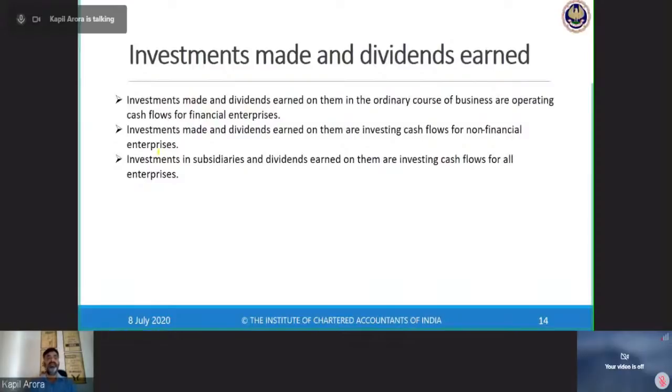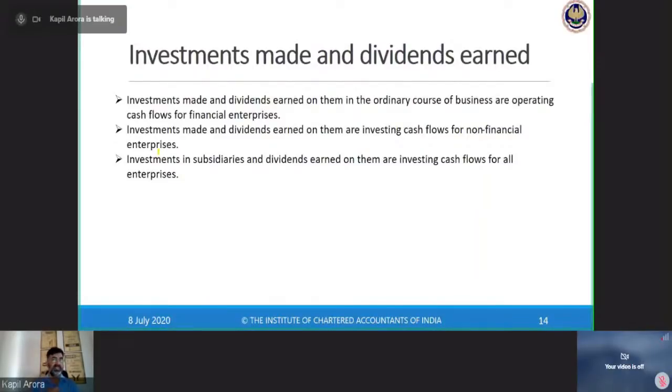Now, if we talk about companies where you wanted to understand investment made and dividend earned, it can also answer the question, Harsha, what happens if it is a venture capitalist also?